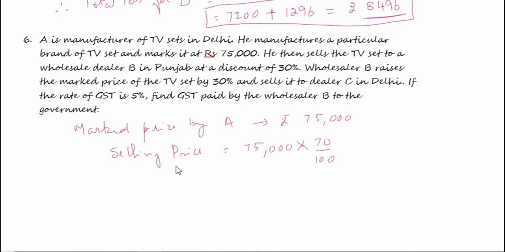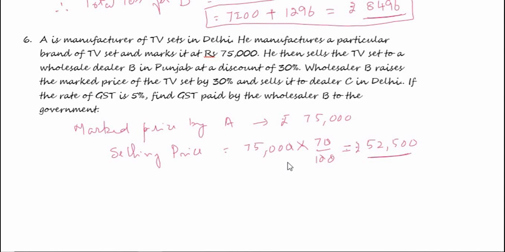So this is the discounted price, that is 70 by 100, or I can multiply by 0.7. This price comes to 52,500. So this is the discounted price, selling price of A to B.